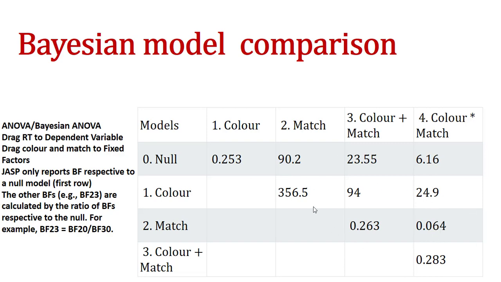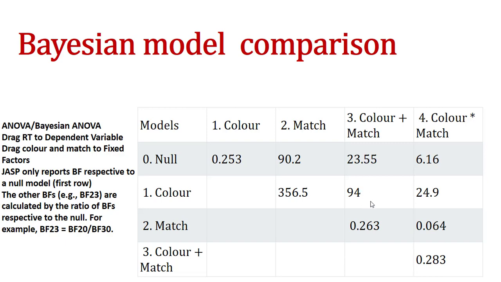Basically, in order to obtain match over color, we obtain the ratio 90.2 divided by 0.253, and that gives us 356. So the match model, in comparison with the color model, is 356 times more likely. When we compare the color plus match model against the color, it is 94 times more likely.